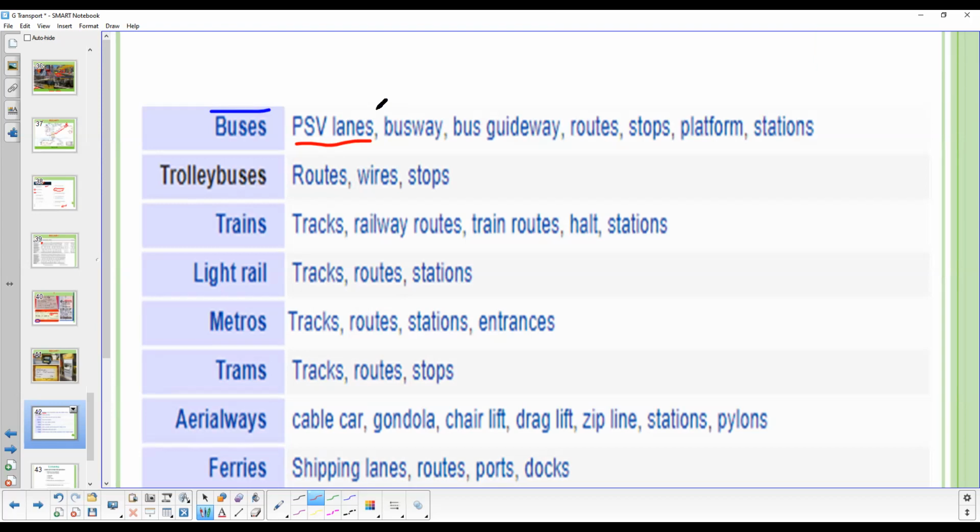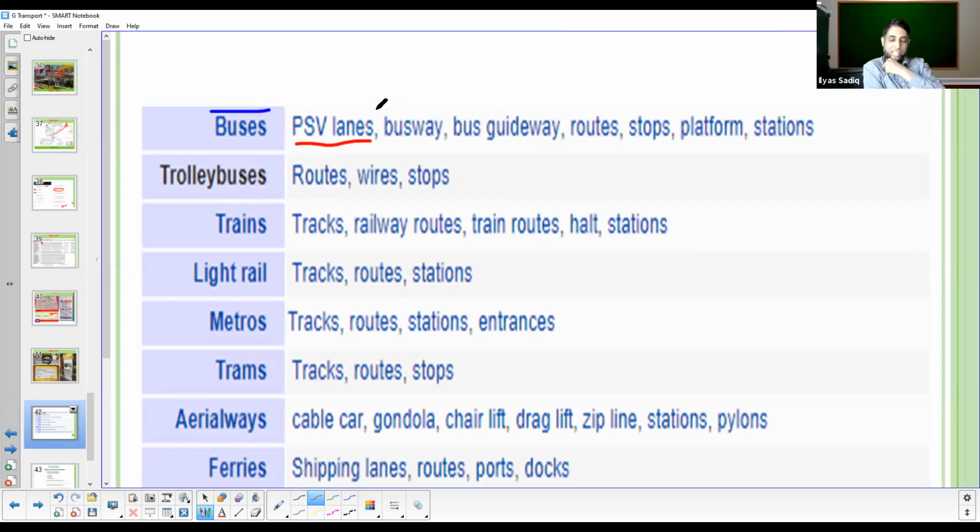You get fined for it. You get a ticket if you drive on the bus lanes. So these are the bus lanes, busways. Of course, it's the same thing. Bus guideway, routes, stop, platform, and stations.